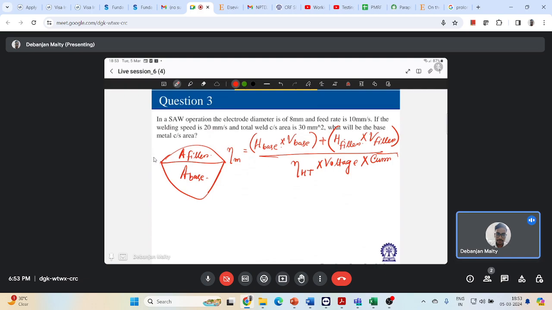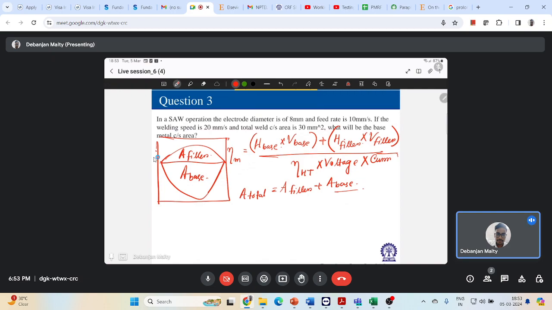Welding speed is provided as 20 mm per second, and the total weld cross-sectional area, A filler plus A base, A total, is provided as 30 mm square.